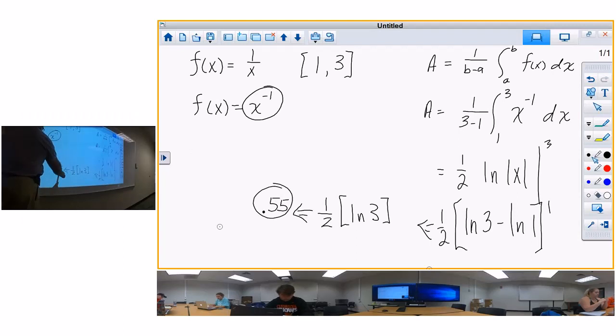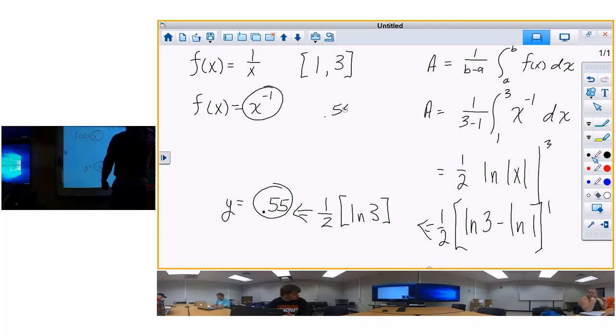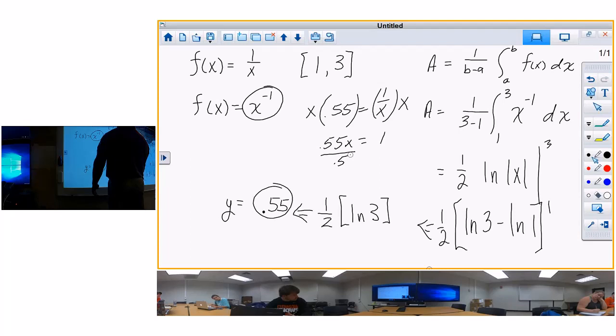Now that's going to be our y. So if that's our y, we plug that in for y, and we get 0.55 equals 1 over x. Multiply both sides by x. 0.55x is equal to 1, so x is 1 divided by 0.55.